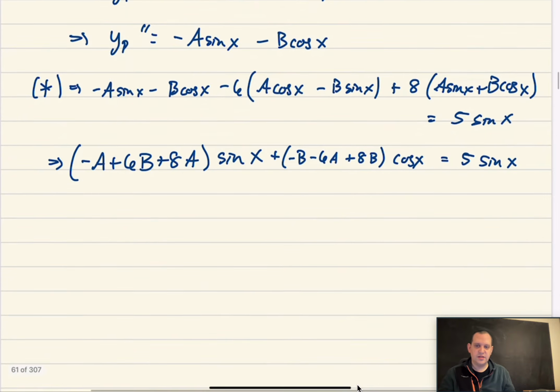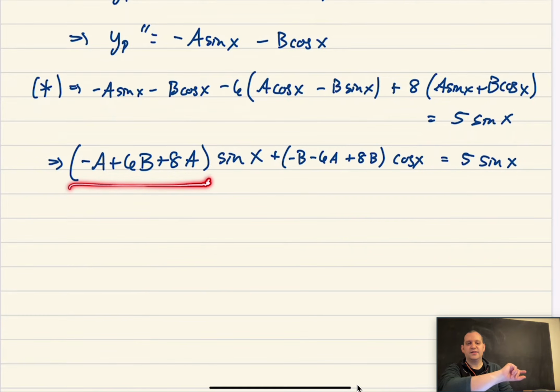Now notice that when the left side and the right side are equal, we want to find the constants a and b so that they match, meaning we want this constant to be 5, because we want 5 sine of x on the other side of the equation. And then we want this constant, the minus b minus 6a plus 8b, to be 0.